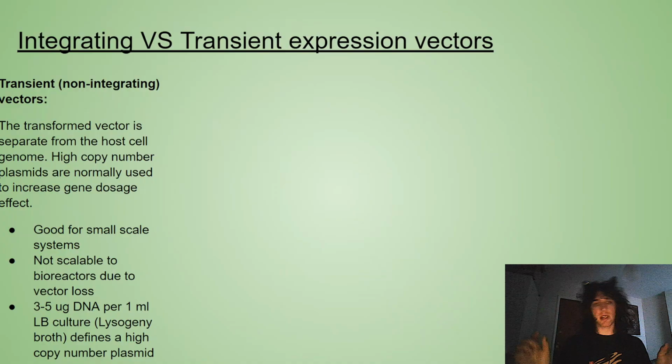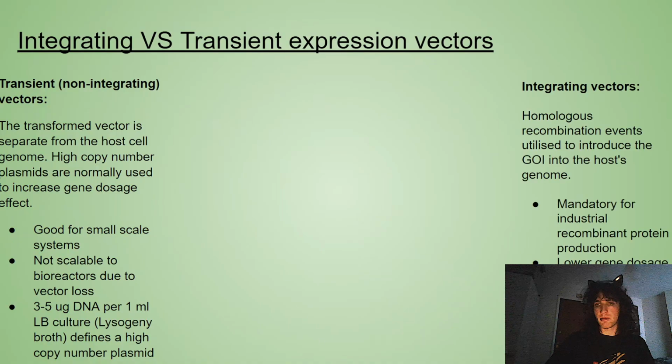The cell separates, and only one cell has that plasmid in it, and this other cell is plasmid free. You keep having that in a large bioreactor, you're going to get very poor yields. But to compensate for this, they use high copy number plasmids, and this is just like having a fast replication time. And for reference, this is what defines a high copy number plasmid, just how much DNA it is.